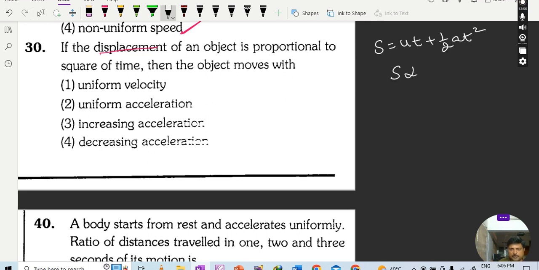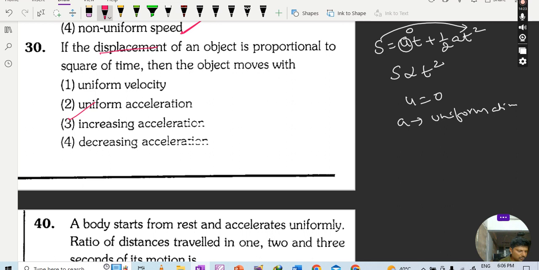So if displacement is proportional to t square, this initial velocity should be 0, and acceleration should be uniform. Then only this is possible. That means the body moves with uniform acceleration, and it starts from rest. So for the 30th question, option 2 is the right answer.